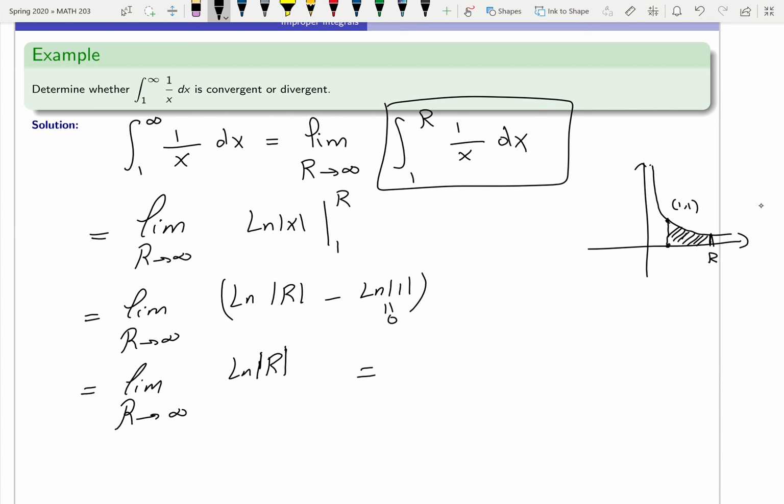Now, the limit of ln of r, where we can drop the absolute value since r is positive as it approaches infinity, is of the form ln of infinity, which is infinity. So this means that the improper integral is divergent.